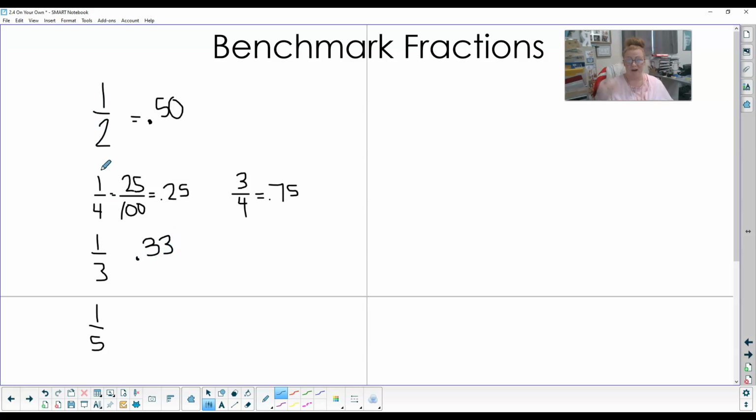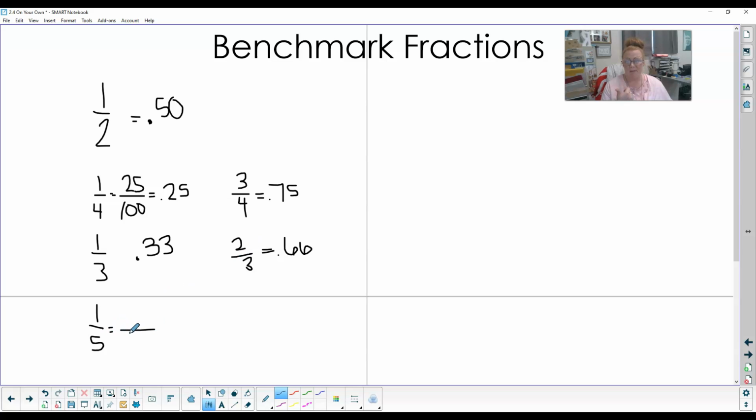We're taking our fractions, turning them into decimals. 0.33. So 1/3 is 0.33. 2/3, double that, is 0.66. So there's our common ones for thirds, and then we have fifths.